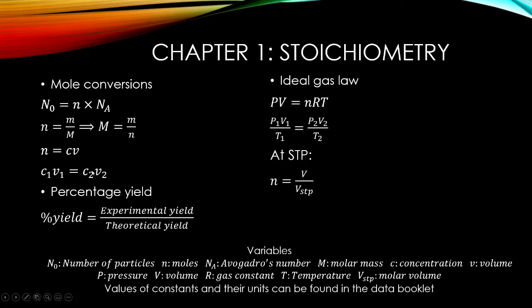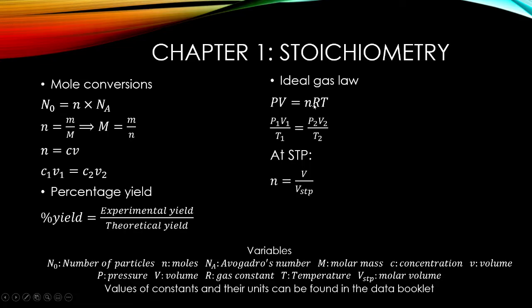And just as with dilutions, when you do something to a gas, the number of moles stays constant. Like if you heat up a gas, you just increase the temperature, but you don't add or remove moles. So you can once again equate the number of moles when you change variables, so that the moles in the beginning equal the moles in the end.